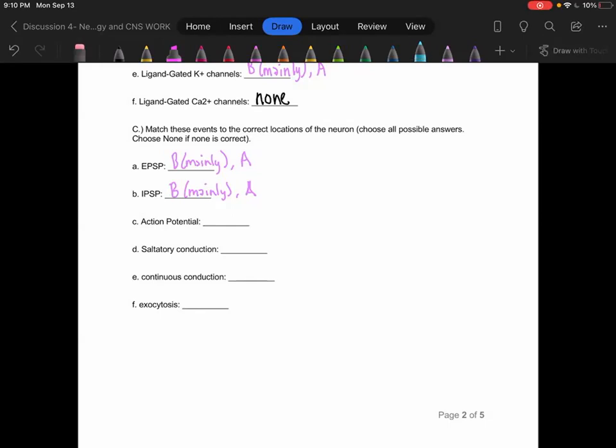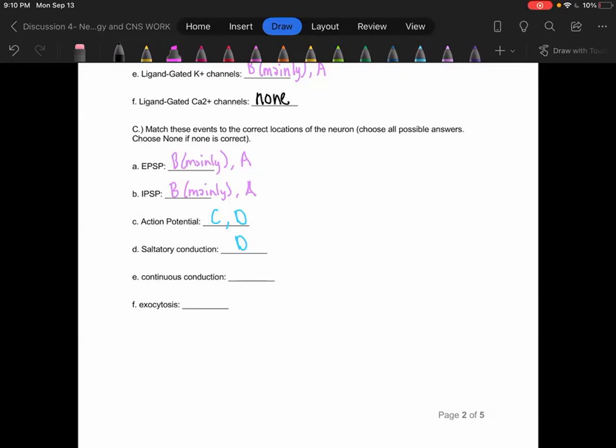Whenever we are talking about action potentials, we see these occur at the axon and the axon hillock. When we look at that saltatory conduction, which again is that signal transduction of jumping between those nodes of Ranvier, that is occurring at the axon, in between those myelins and those gaps.